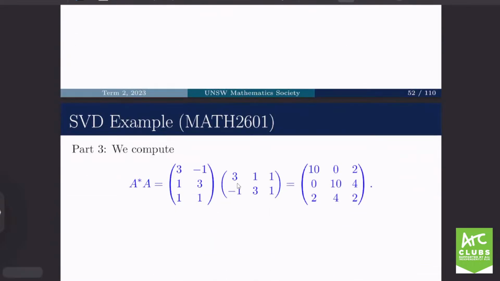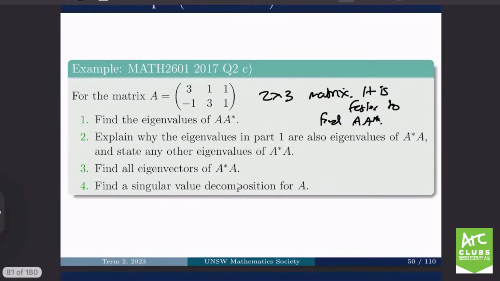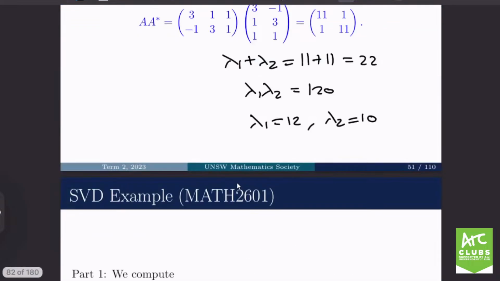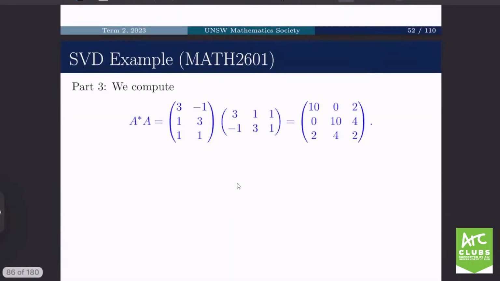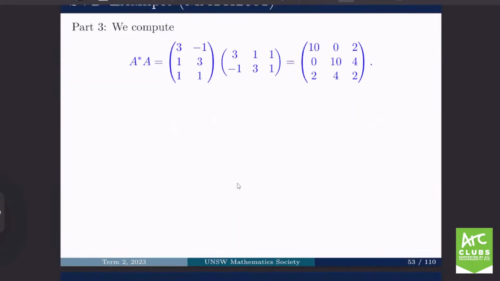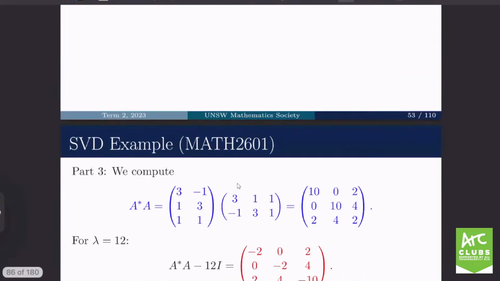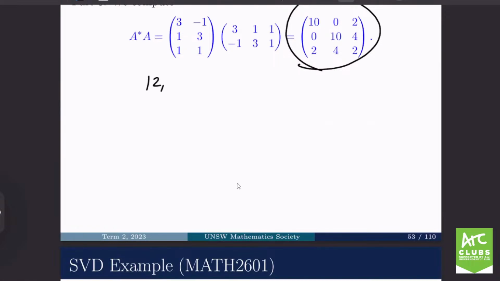Okay. So now part 3 of this question is find the eigenvectors of A star A. To find the eigenvectors, we'll have to compute A star A. We'll get this here. And we already know that 12, 10, and 0 are the eigenvalues.